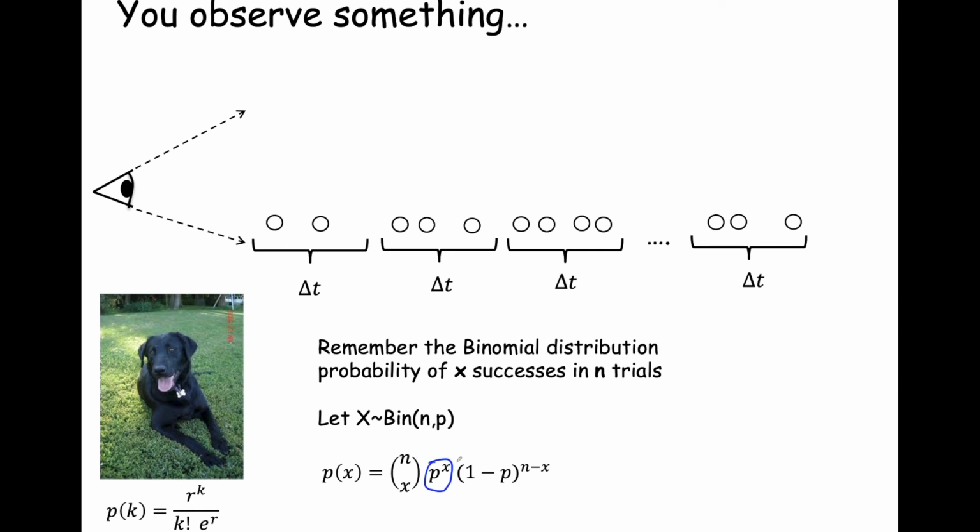There are X many of them, times the probability or rate for each one of the failures, 1 minus p, which is also nicknamed q, as we said before, raised to the n minus X power. So these are the successes, and these are the failures. Okay, so this is the probability mass function for the binomial. And what we'll see is that the Poisson is nothing more than a special case of the binomial where n is really, really large. In fact, n goes to infinity.